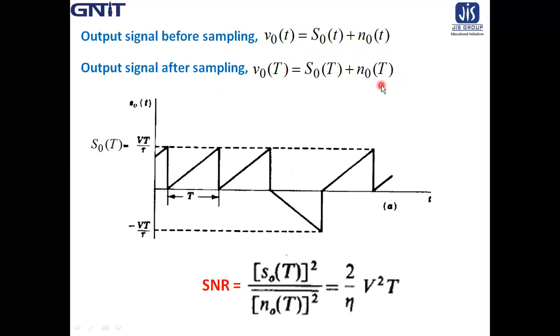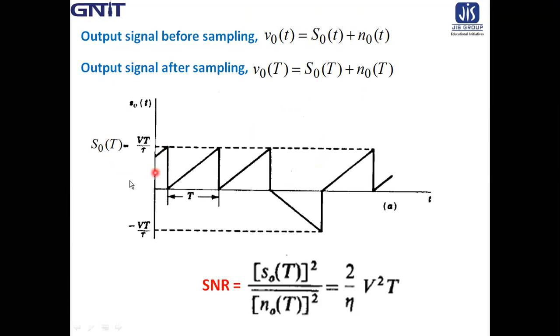The signal output s0(t) is a ramp in each bit interval of duration capital T. At the end of the bit interval, the ramp attains voltage s0(T), which is plus VT by tau or minus VT by tau, depending on whether the bit is a 1 or a 0.